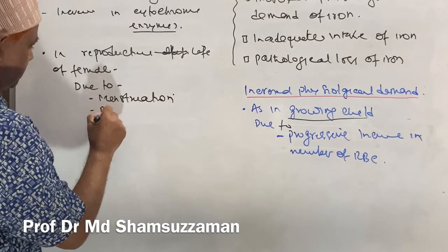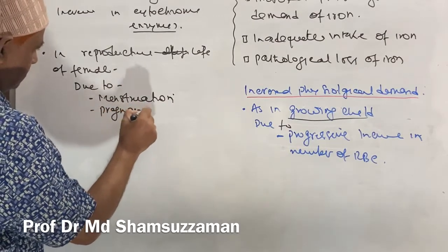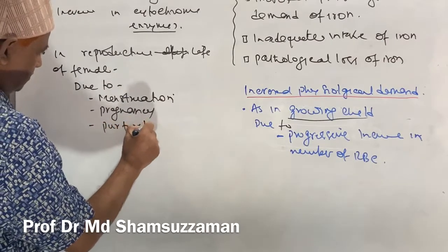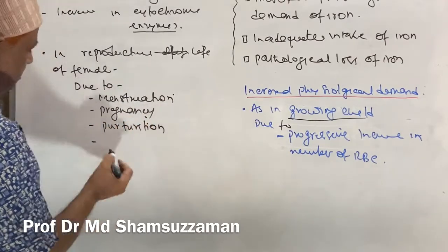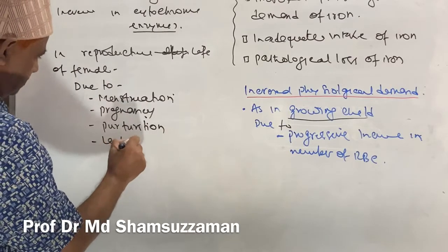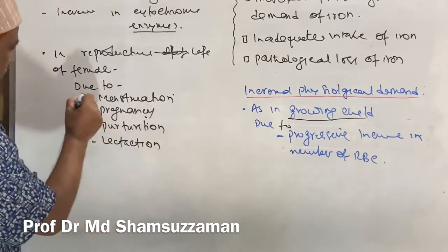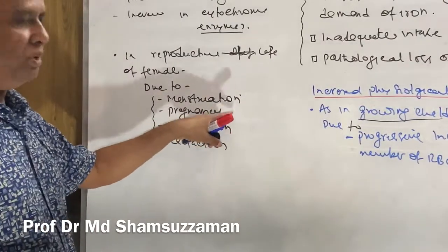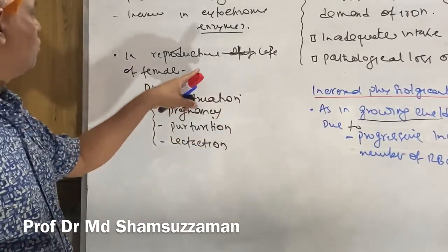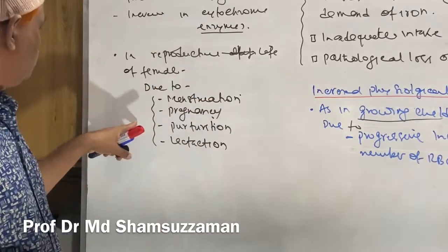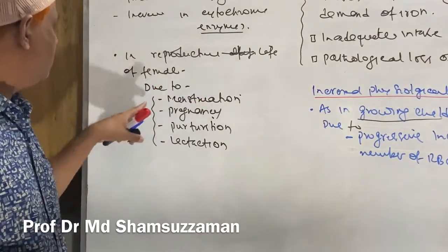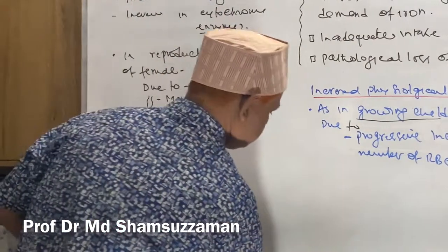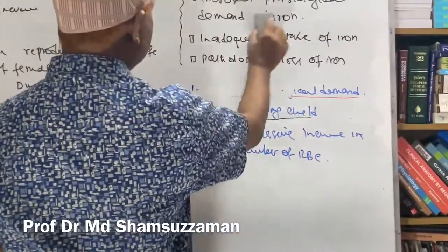Number 2, pregnancy. Number 3, parturition. And number 4, lactation. All are physiological, and in these physiological conditions there is increased demand of iron. If we fail to fulfill the demand in such conditions, there will be iron deficiency anemia. So number 1, increased physiological demand.